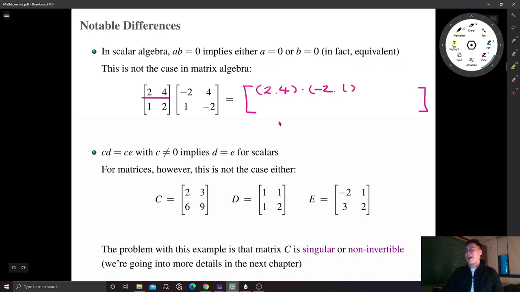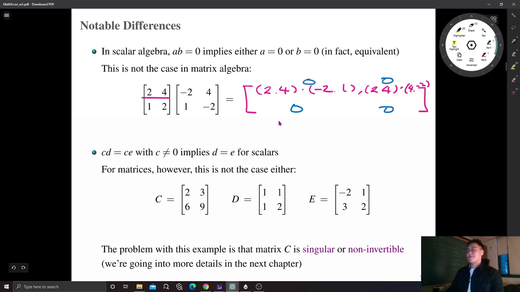That is 0. And the second entry, the first row and the second column, is the dot product of (2, 4) and the second column of the second matrix, (4, -2), which is also equal to 0. You can easily see the other entries are zeros as well.